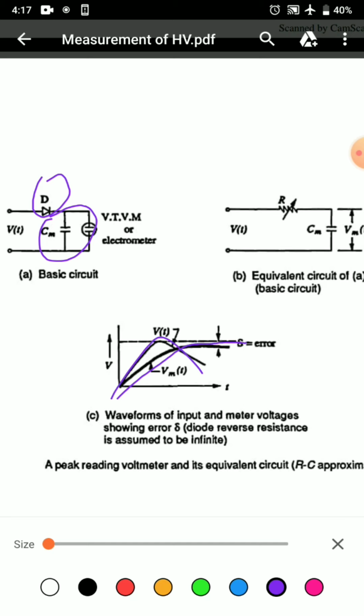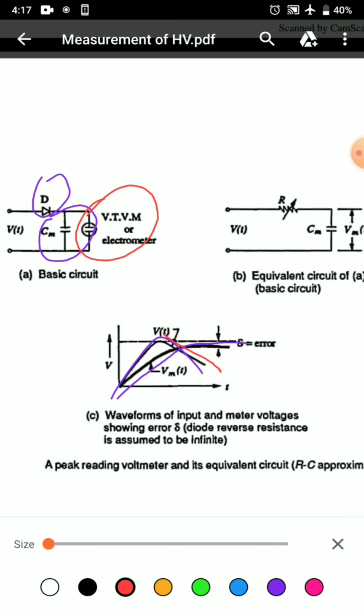When the amplitude of the signal starts decreasing, the diode becomes reverse biased and prevents discharging of capacitor Cm. Voltage across Cm is measured by a high impedance voltmeter, electrostatic voltmeter or vacuum tube voltmeter.